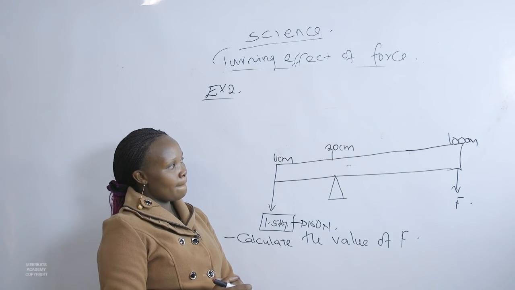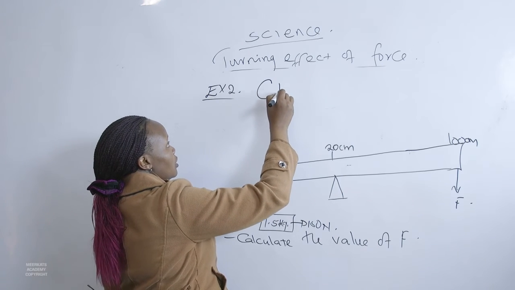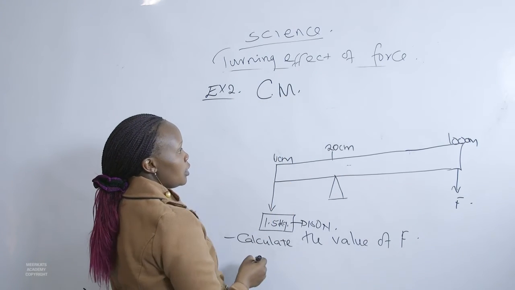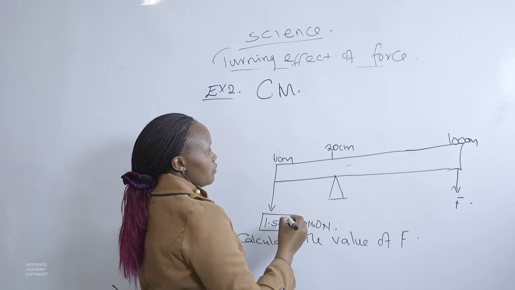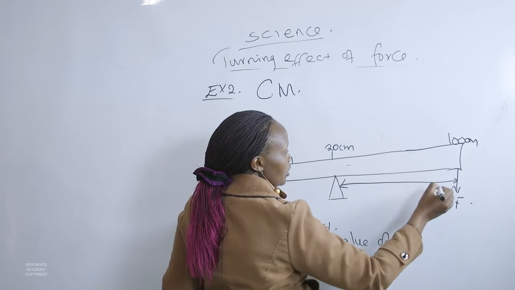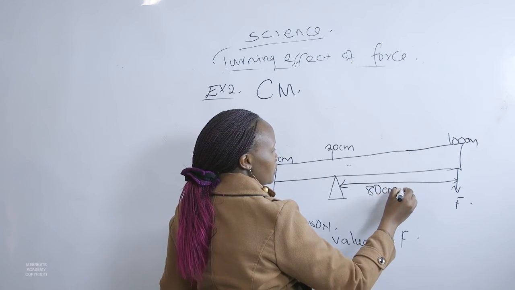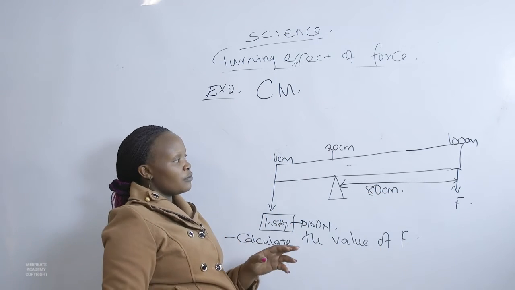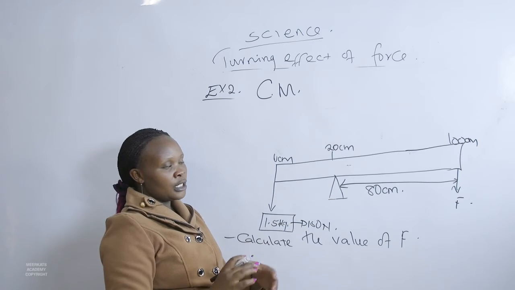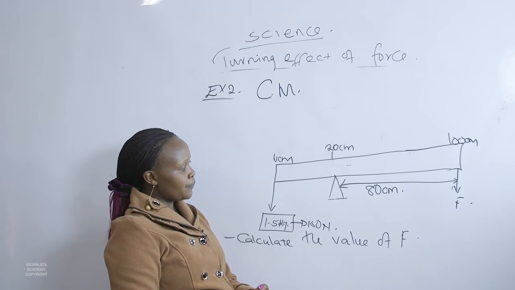Now, let us start by calculating the clockwise moment, which is going to be given by the force F, which we want to calculate, and the perpendicular distance from the point of support to its line of action multiplied together.